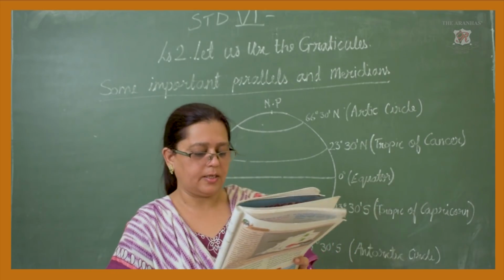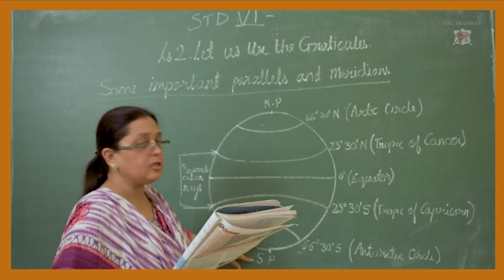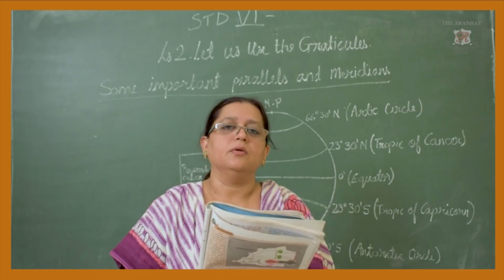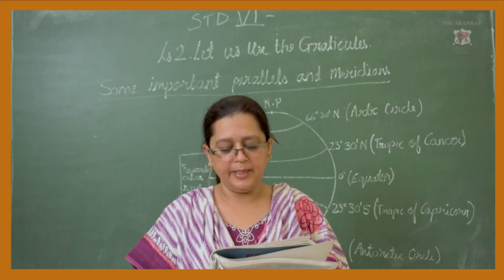In the polar areas, the North Pole and South Pole, it may be 6 months daytime and 6 months nighttime.